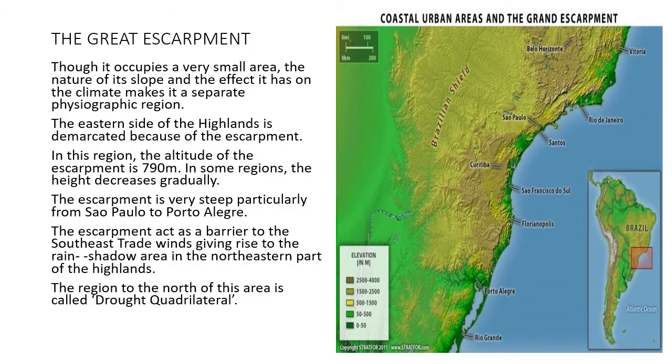Dear children, now let's talk about the escarpment in detail. It occupies a very small area of Brazil, mainly from the city of Sao Paulo and Porto Alegre.